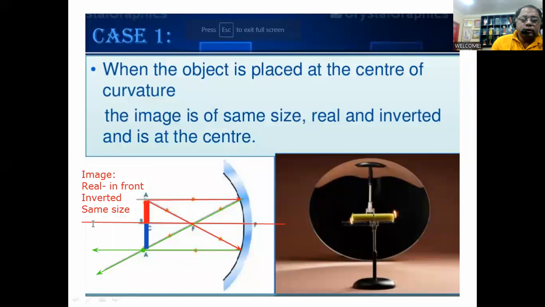So it's real because it is in front, it is inverted, but it is of the same size. So again, these are the images formed by our spherical mirror, and in particular, this is a concave mirror.